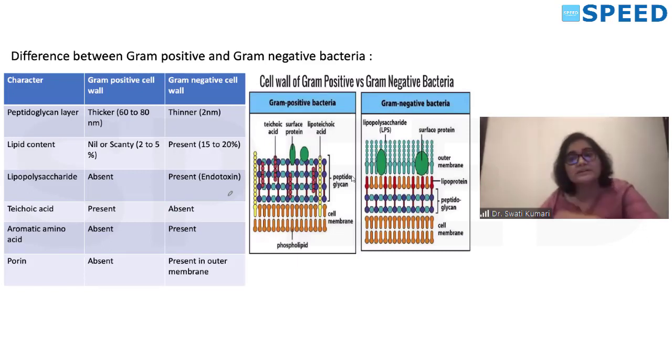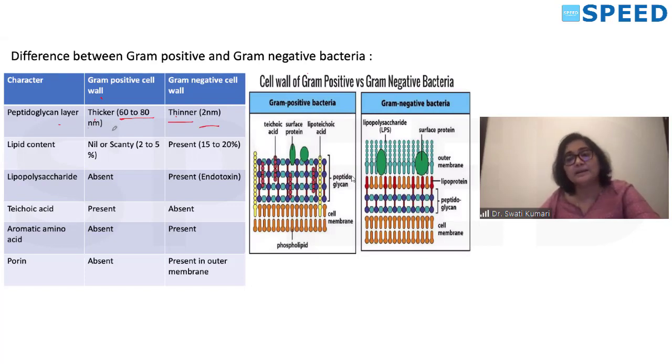Now coming to the differences between the cell wall of gram-positive and gram-negative bacteria, because the properties of gram-positive and gram-negative differ. That is because of their cell wall difference and a few other differences. Both have a peptidoglycan layer, but gram-positive has much thicker peptidoglycan, 60 to 80 nanometer, than gram-negative, which has 2 nanometer.